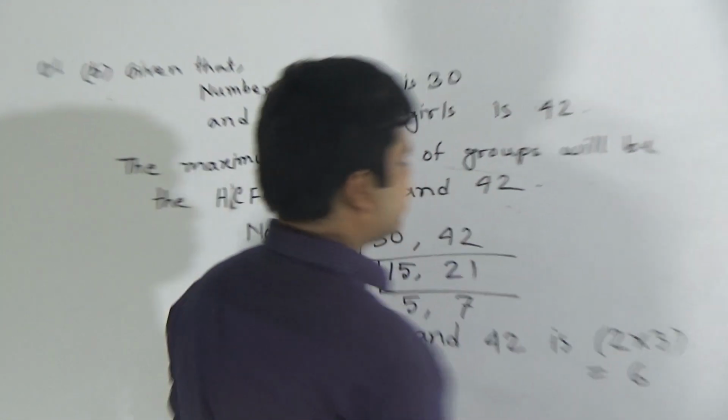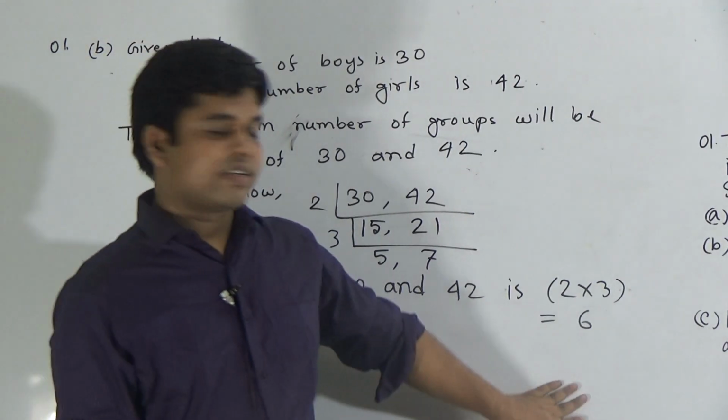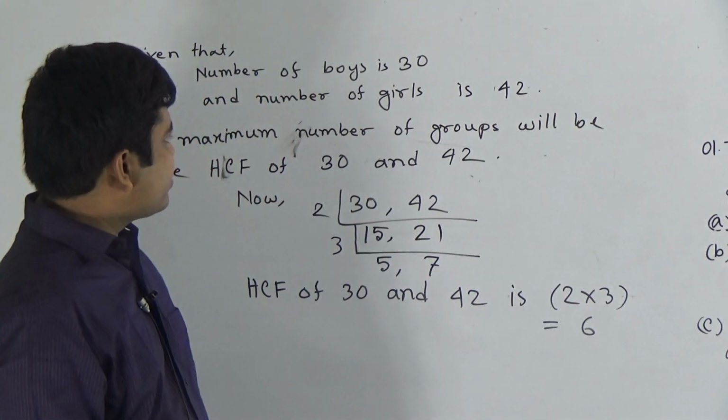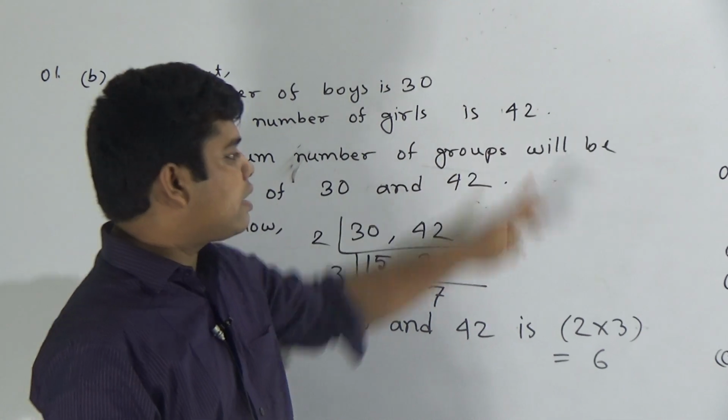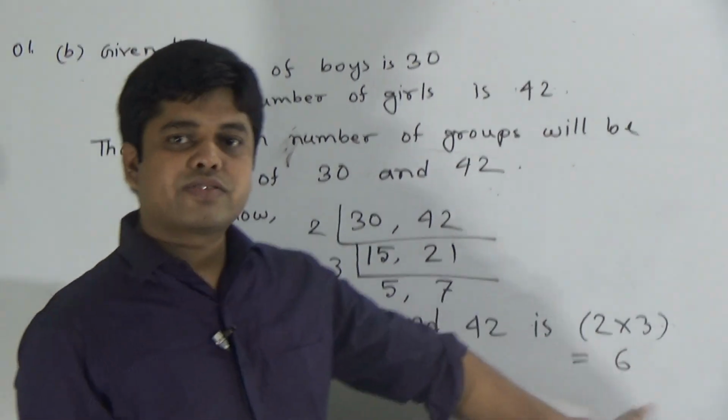So 3 2s are 6. This is the required answer. That means by using these 30 boys and 42 girls we made a maximum of 6 groups.